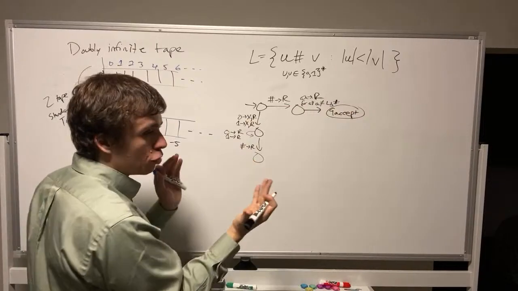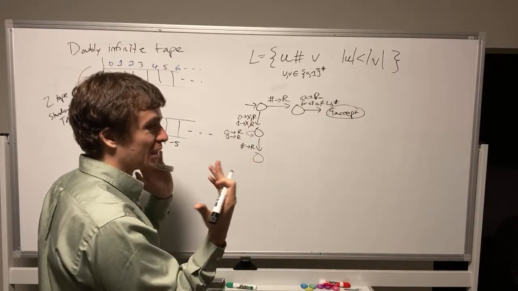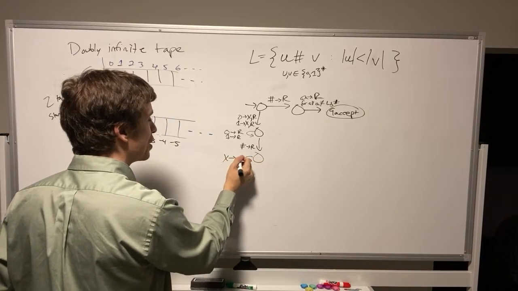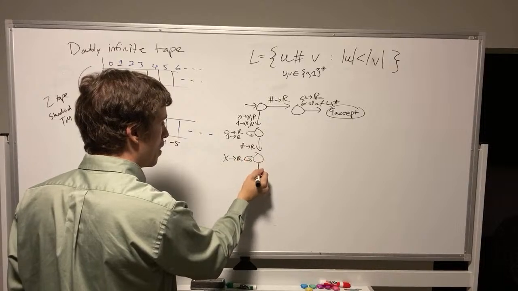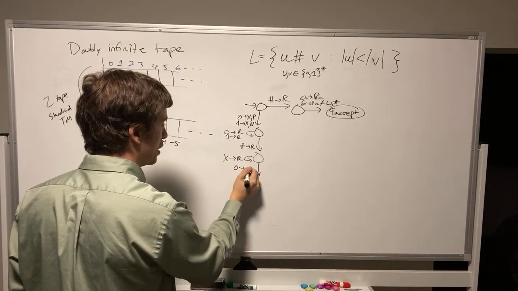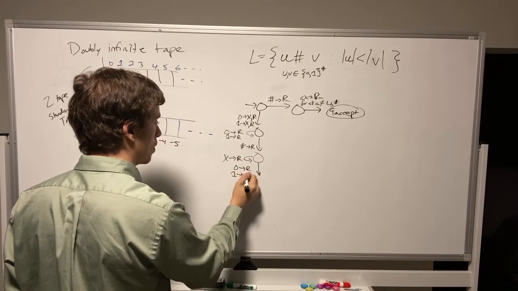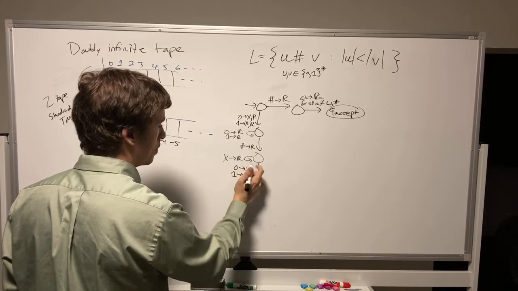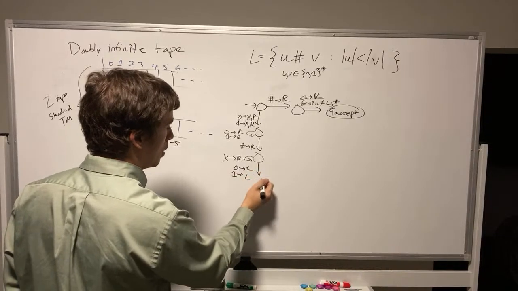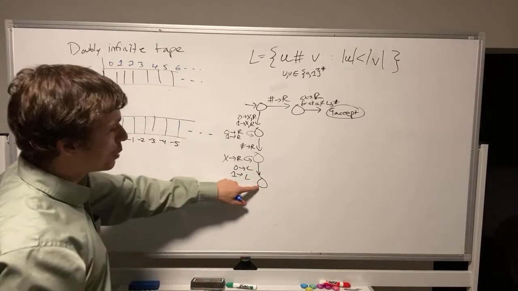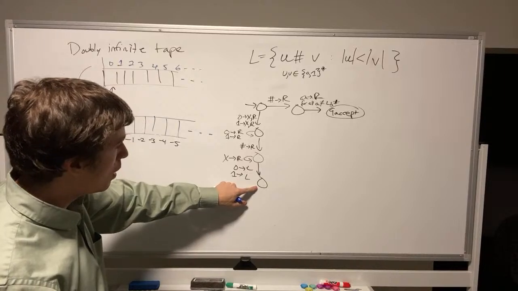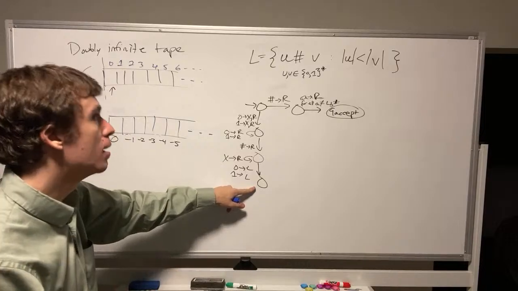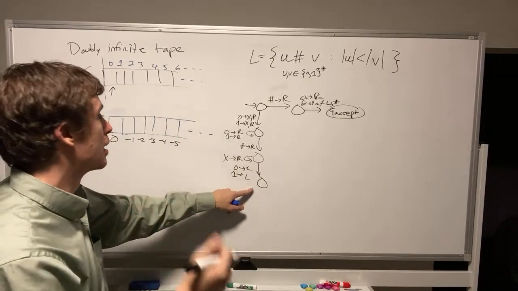Because we don't care about the strings being equal, we just care about the strings' lengths being equal. So here, I'm just going to skip past any X's that I have made, and then mark one character on this side. And then I'm going to move left. At this point, we're still on the right side, or maybe on the pound sign potentially, but not on the left side.